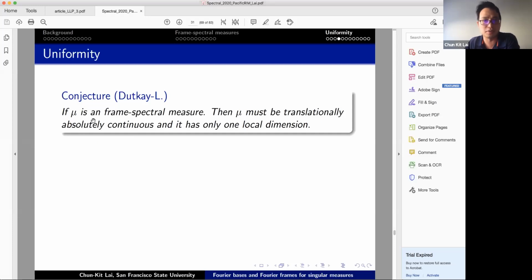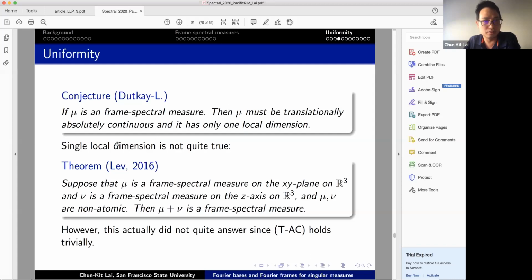Actually, it must be a necessary condition, and then the set has only one so-called local dimension, so it would not have different dimensions, and it must be translation absolutely continuous. So that was a conjecture at that time, and later on, first of all, the first part is still an open question, but the second part is not quite true.